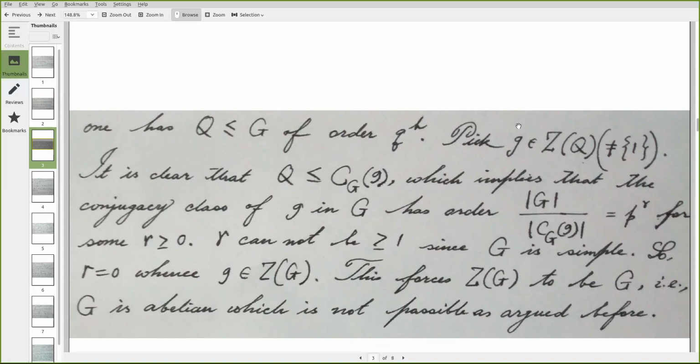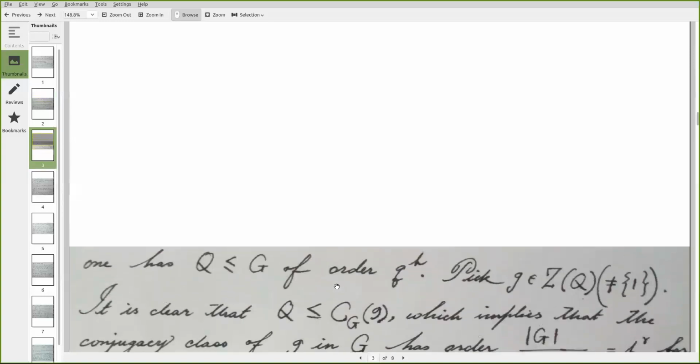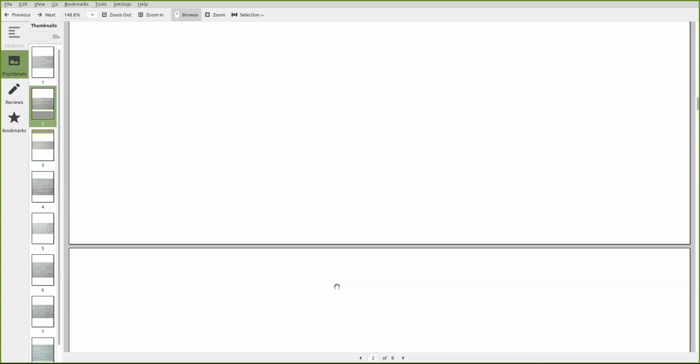Because we have taken small g to be non-identity, the center becomes non-trivial. From the simplicity assumption, the center has to be the whole group. That means again G is abelian. As I said earlier, an abelian simple finite group must have order some prime. But here, since it has order p to the power a times q to the power b, where both are positive, that cannot happen.